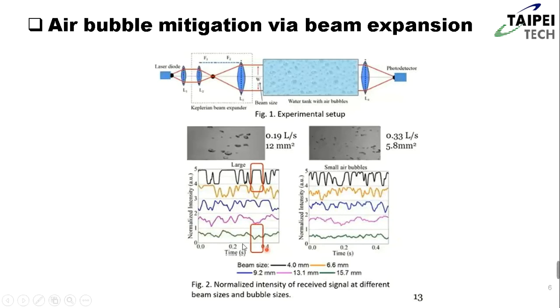It is shown that the various fadings can be reduced, as shown here using the beam expansion. However, the trade-off is that the signal level is also reduced, so there is an optimum value for the beam expansion.